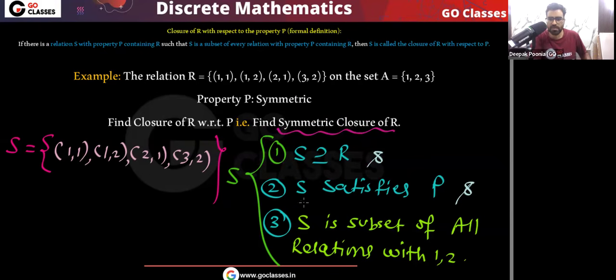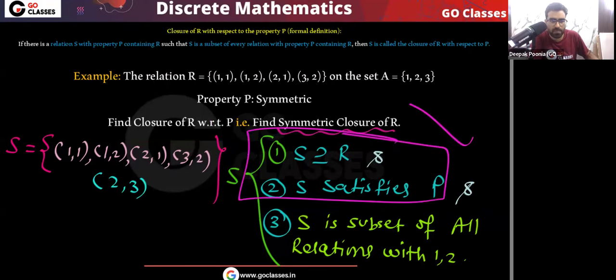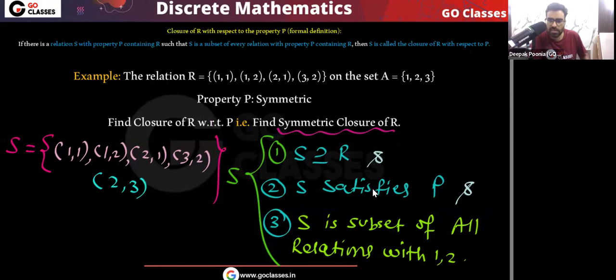Now S must satisfy P, but at this moment S does not satisfy the symmetric property. So what is necessary? Adding 2 3. Now S satisfies property P. So the first two are done. Now notice one more thing.